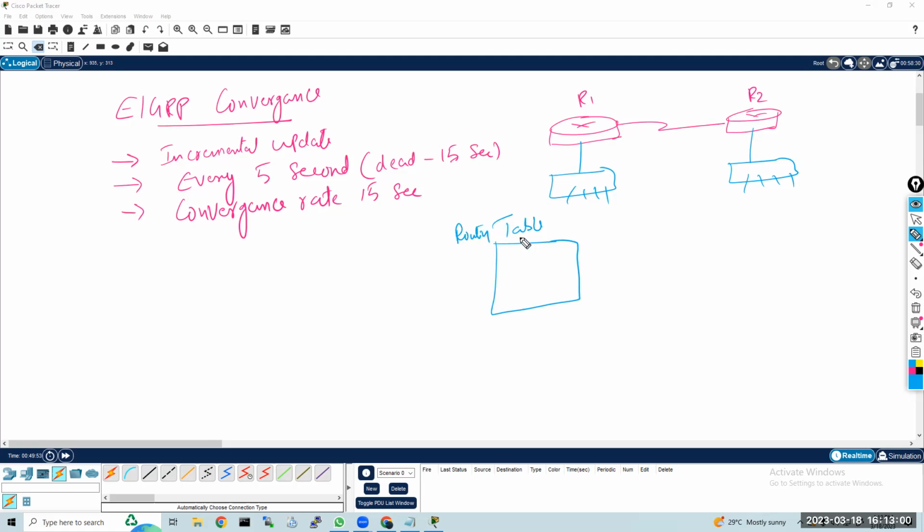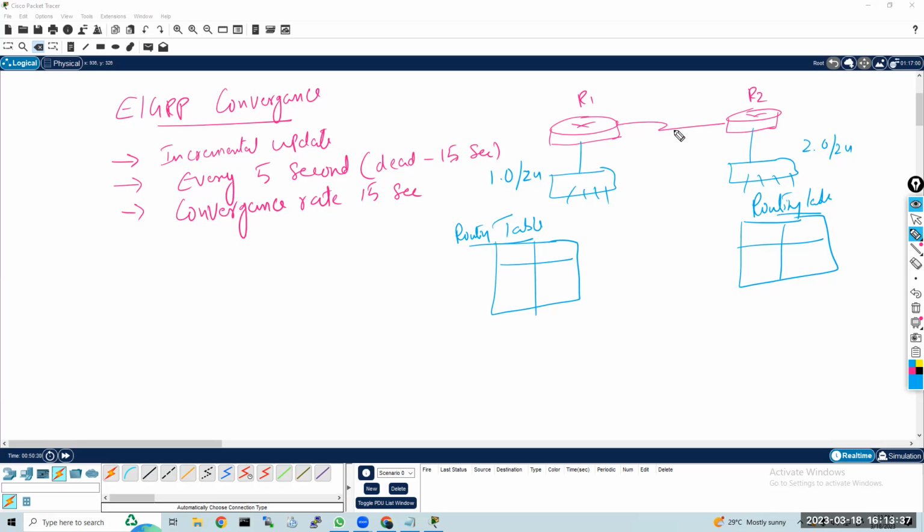This is your routing table, right? Here also they maintain a routing table. For example, this is my 1.0/24 network, and this is my 2.0/24 network.